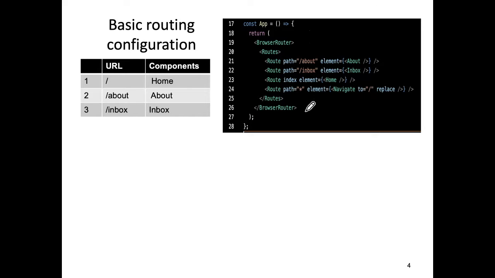We put our routing configuration into a component. In my case, I've just called it the app component. And that is the component that you manually attach to the index.html page in your code. So strictly speaking, it's the component that contains your routing configuration that is at the very top of your component hierarchy. I've mentioned a couple of times that every React app is comprised of a component hierarchy.